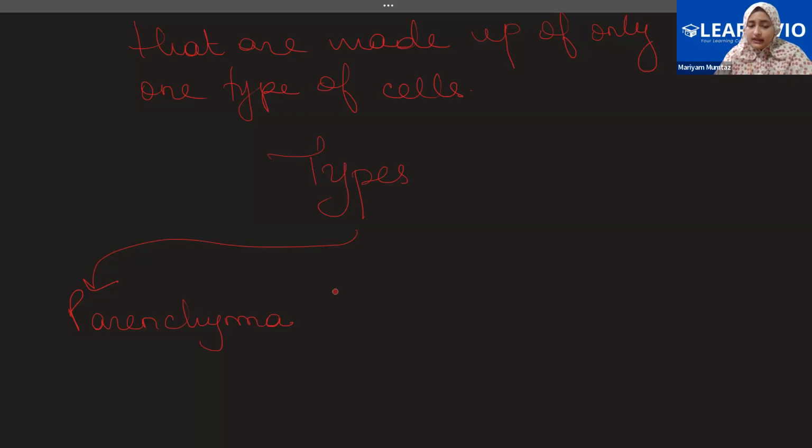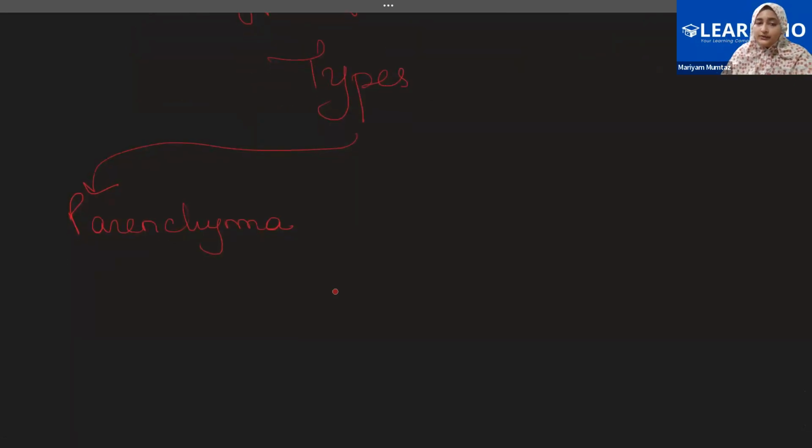Now, parenchyma is the most simple one and it has very little specialization, meaning it is not specialized a lot. It has few functions to perform. The most important function that parenchyma performs is storage.